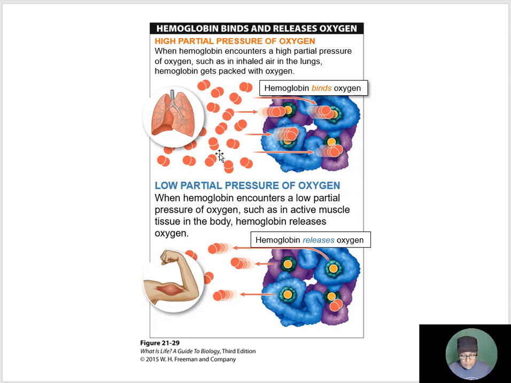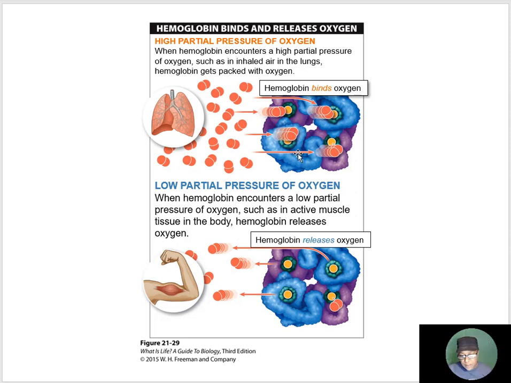So when hemoglobin gets to the capillaries and there's less oxygen there, then when hemoglobin encounters a low partial pressure of oxygen, such as in the capillary bed of an active muscle tissue, then hemoglobin releases the oxygen.